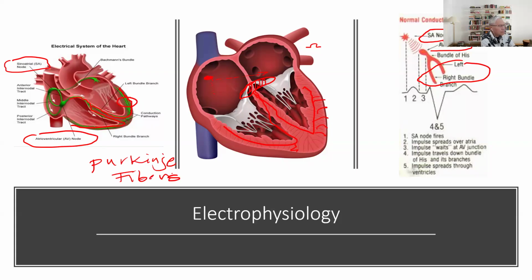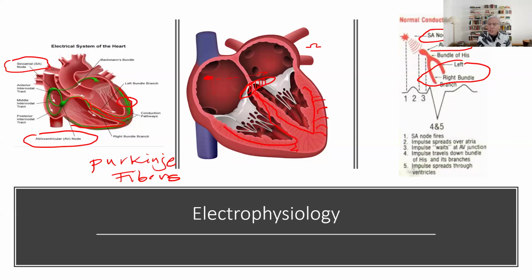So the important parts of the cardiac conduction system are the SA node. They generate electrical impulses at around 60 to 100 beats per minute. Then it goes into the atria, then goes to the AV node, also known as the AV junction, where the impulses are going to be delayed to allow for full atrial contraction before ventricular contraction.